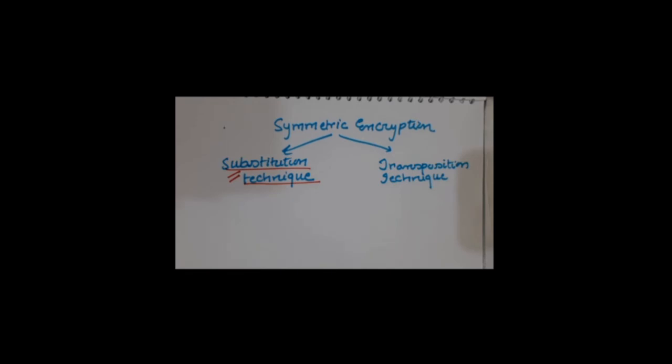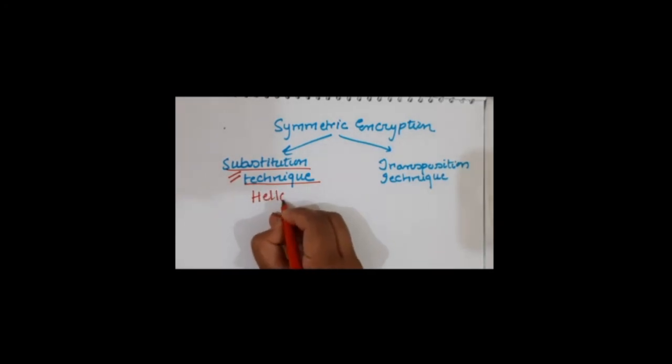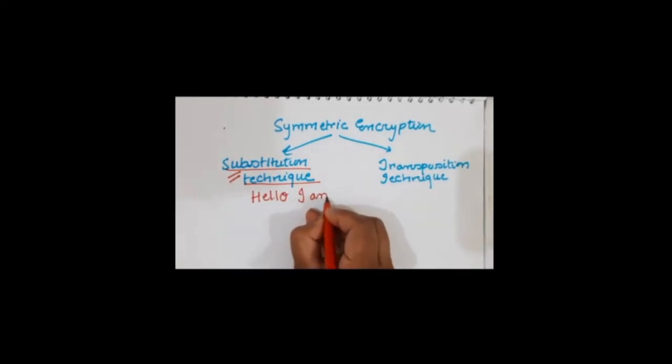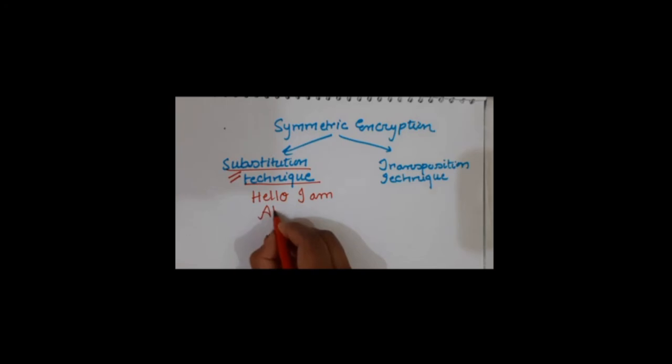And in terms of encryption, a substitution technique is the one in which the letters of plain text are replaced by other letters or numbers. For example, if I say, hello, I am Akanksha.